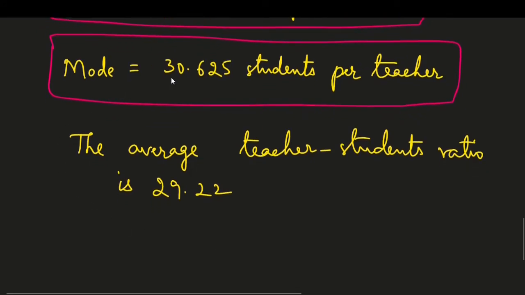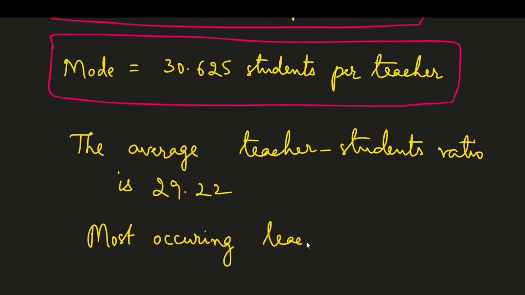But the maximum teacher student ratio is 30.625. The maximum or most occurring teacher student ratio is 30.625.